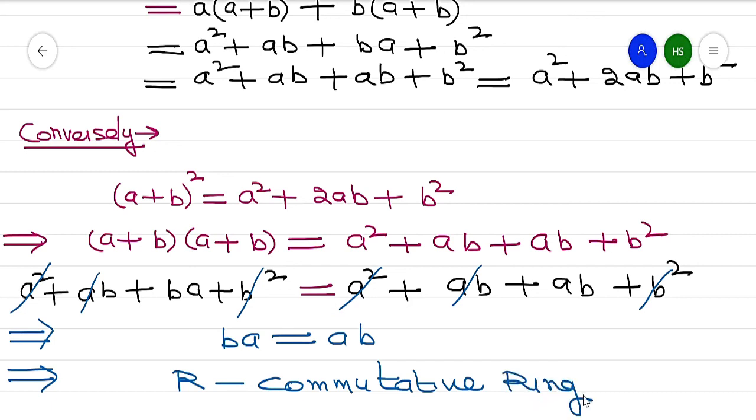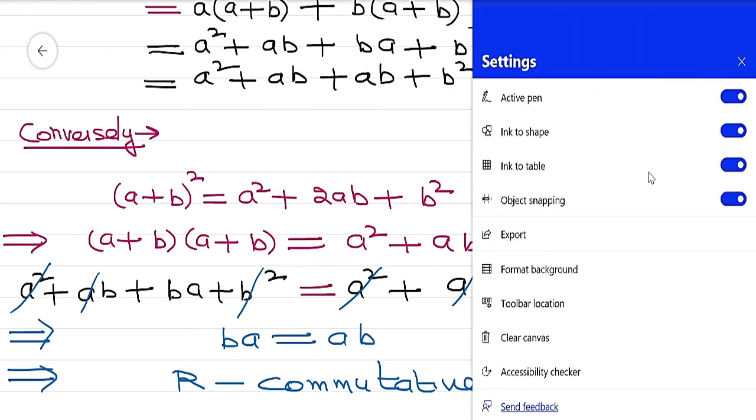So in this way, by using the properties of a ring, we can prove that (a plus b) raised to power 2 is equal to a square plus b square plus 2ab. So the next question is example number 3.